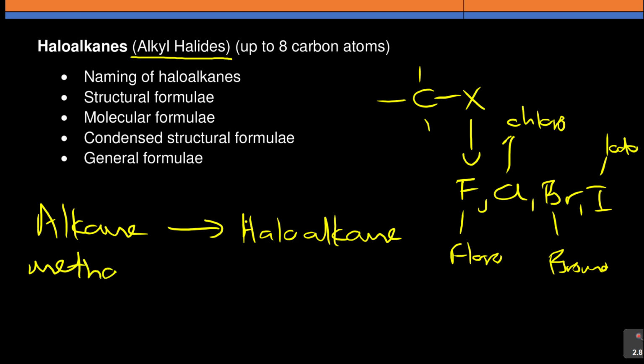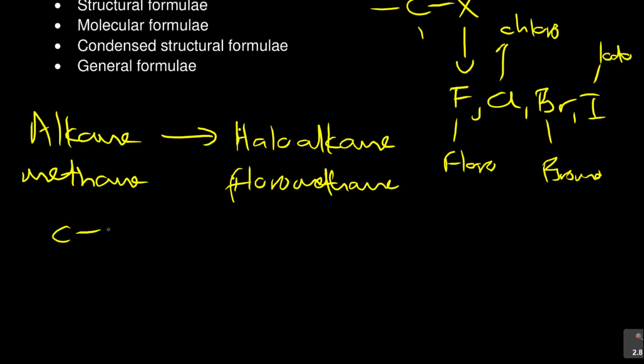If it's a haloalkane, for example, if it has got F, it will be fluoromethane. See that? And if I'm sketching it, methane will be like this. It will be C. This is methane, the first one. And then fluoromethane will be F, like that. You understand? The F part makes it fluoromethane. If I put a Br, it will be bromomethane, and so on and so on.